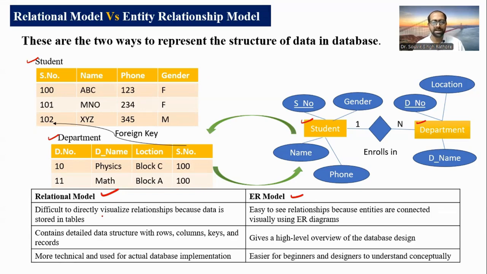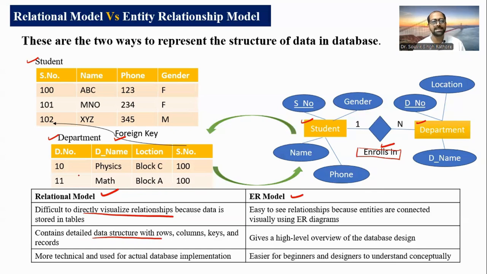In the relational model, it is difficult to directly visualize the relationship. You can see here we have defined the relationship using the foreign key, but it is difficult to identify. But in the ER model, you can clearly see the relationship between the student and department connected via the enrolls in relationship.